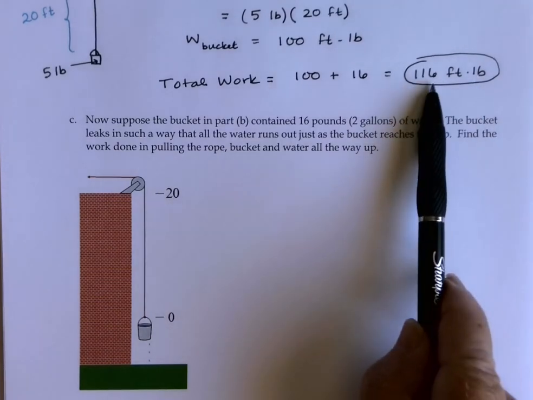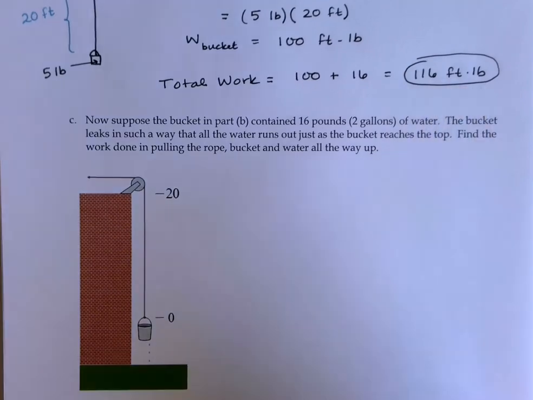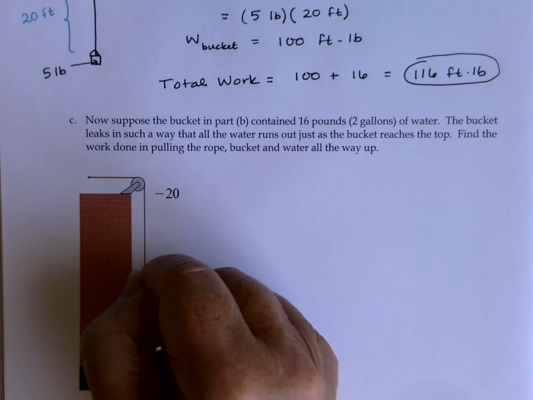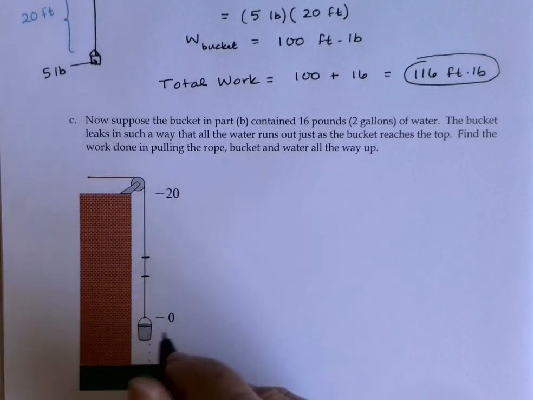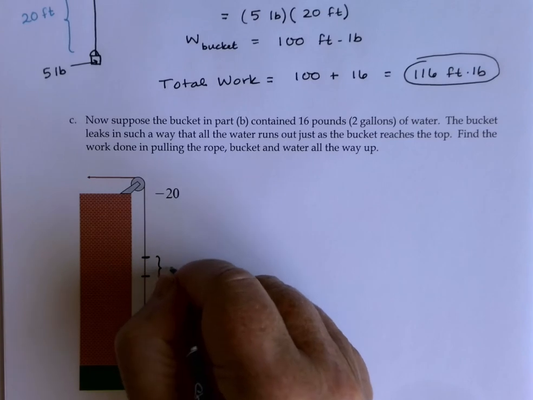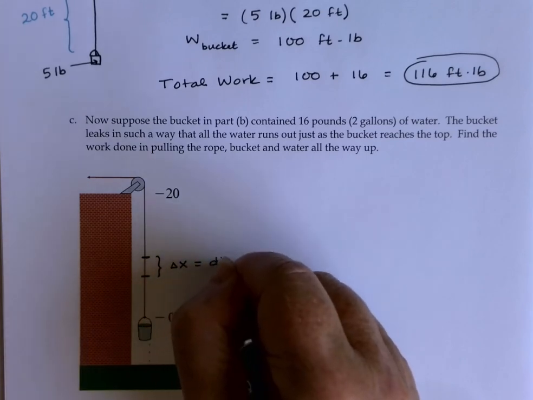Now we don't have to worry about the rope and the bucket. We already know how much work we're expending to lift those. We only have to worry about the water. So let's think about our water just a little bit here. Got our picture, and let's imagine my bucket moving through some little distance, delta x. Notice this is a little different.